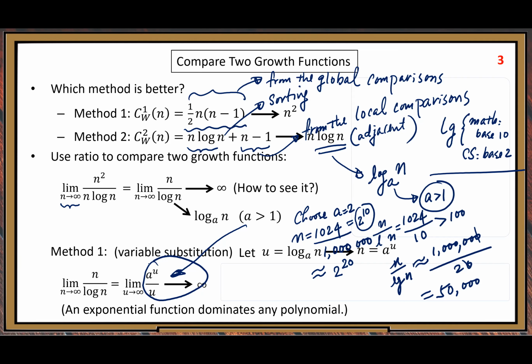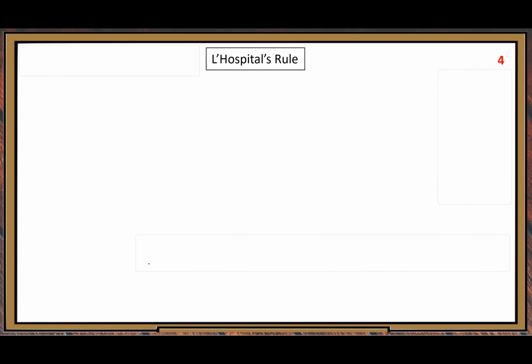Comparing these two functions is also very important for this class, so we're willing to spend some time to understand it better. Our next step is to rigorously prove it.